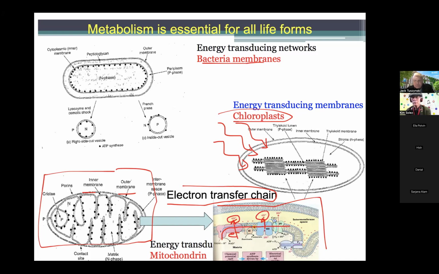This part of the process has been demonstrated to be quantum tunneling. So these electrons tunnel across the complexes, and as they do so, this is coupled to proton transfer. And in the end, basically there is ATP synthesis.